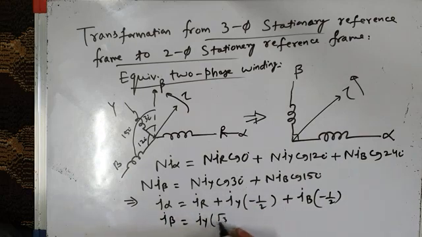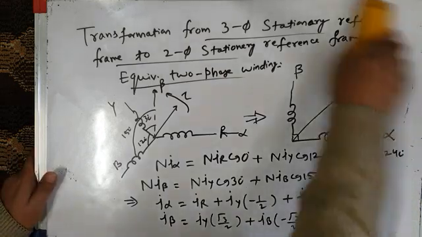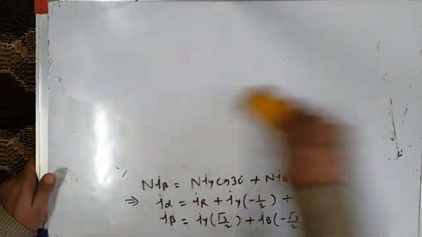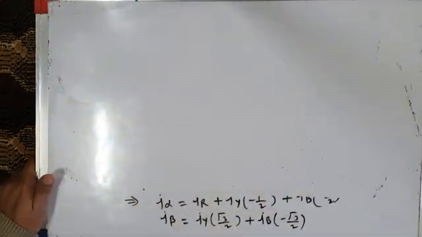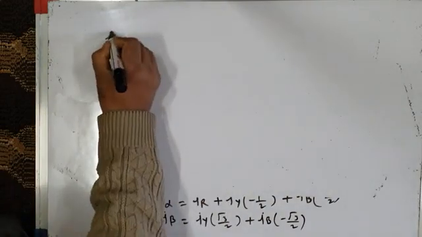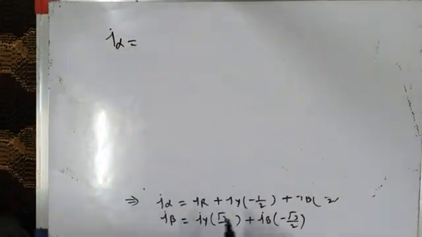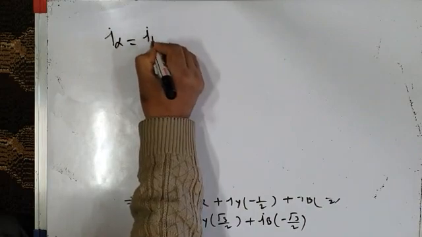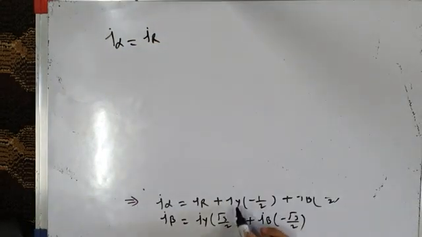It is root 3 by 2, plus IB. What is cos 150 degrees? Minus root 3 by 2. Fine. So therefore, we can write I alpha is equal to IR minus 1 by 2 IY minus 1 by 2 IB.